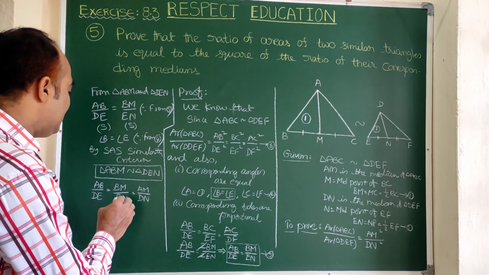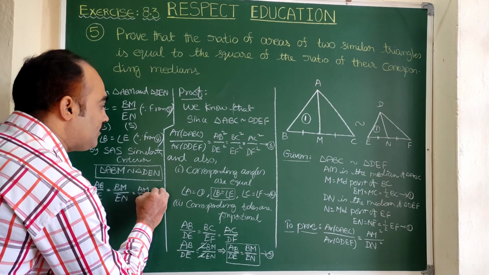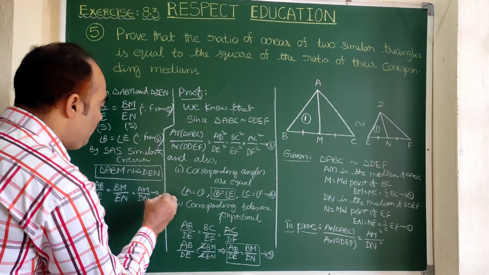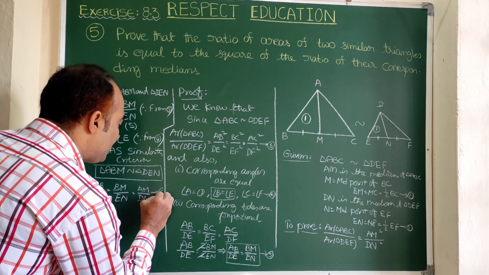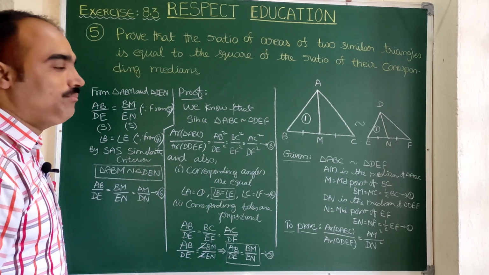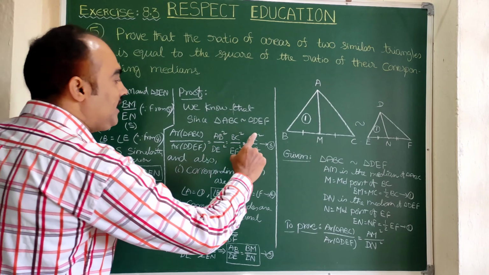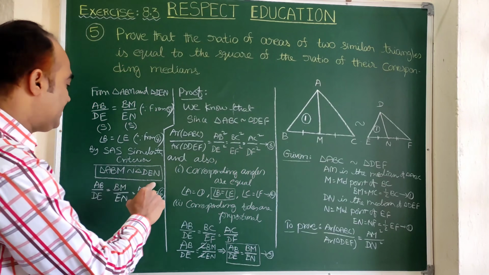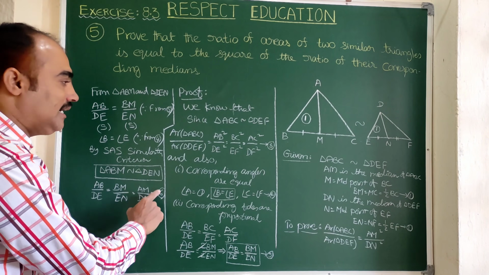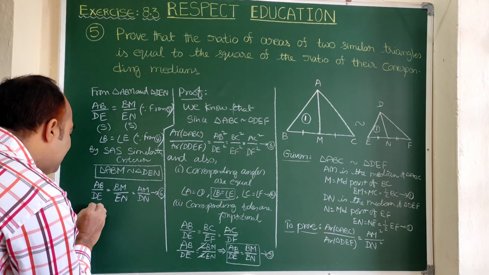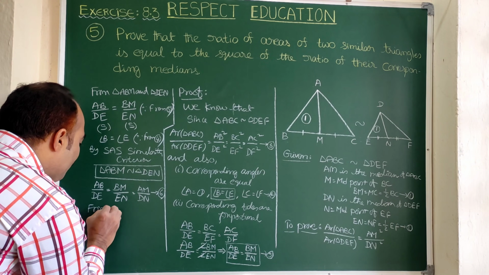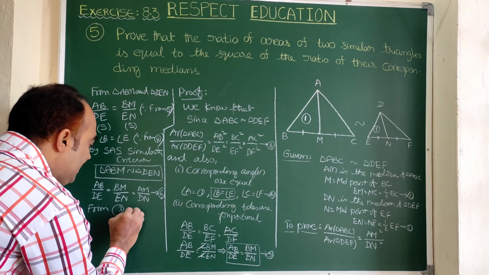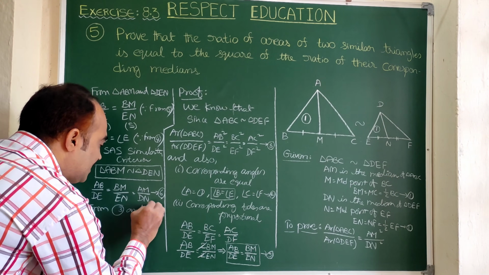Just observe here. Let us take this as equation number 6. Now it is very easy to compare. Just observe equation 3 and equation 6.